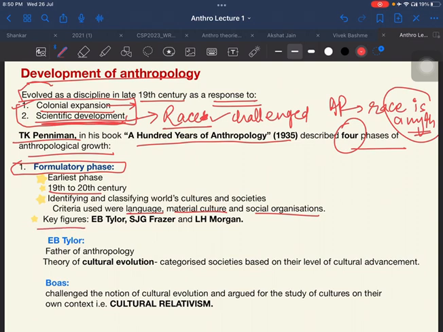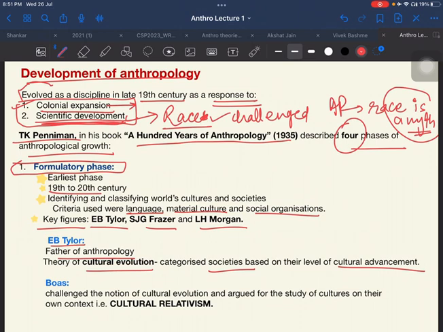The key figures at that time were E.B. Tylor, Frazer, and Morgan. Now, what were their contributions? Let us take a look at it. E.B. Tylor is called the father of anthropology. He gave the theory of cultural evolution, where various societies were categorized based on their level of cultural advancement.